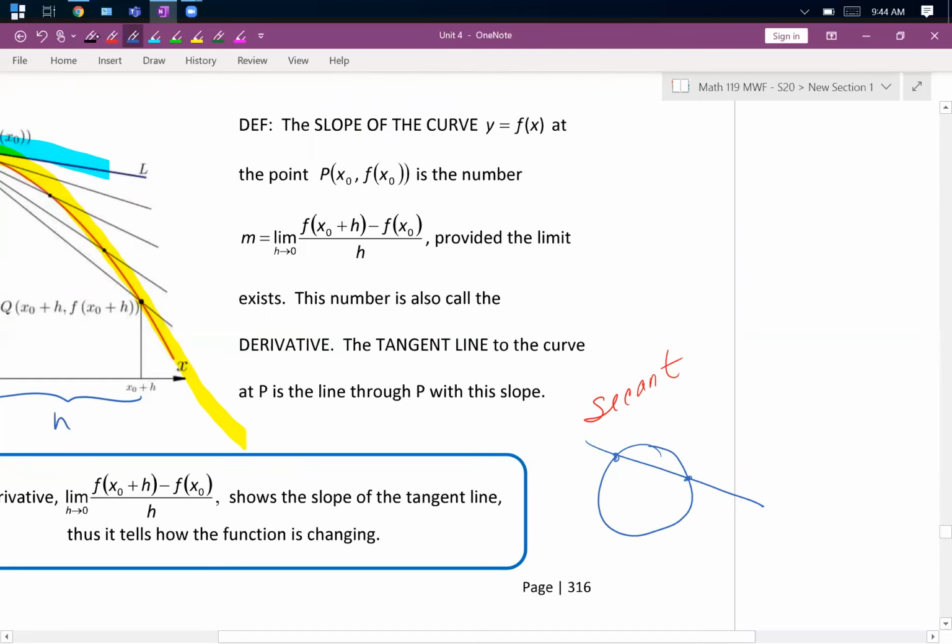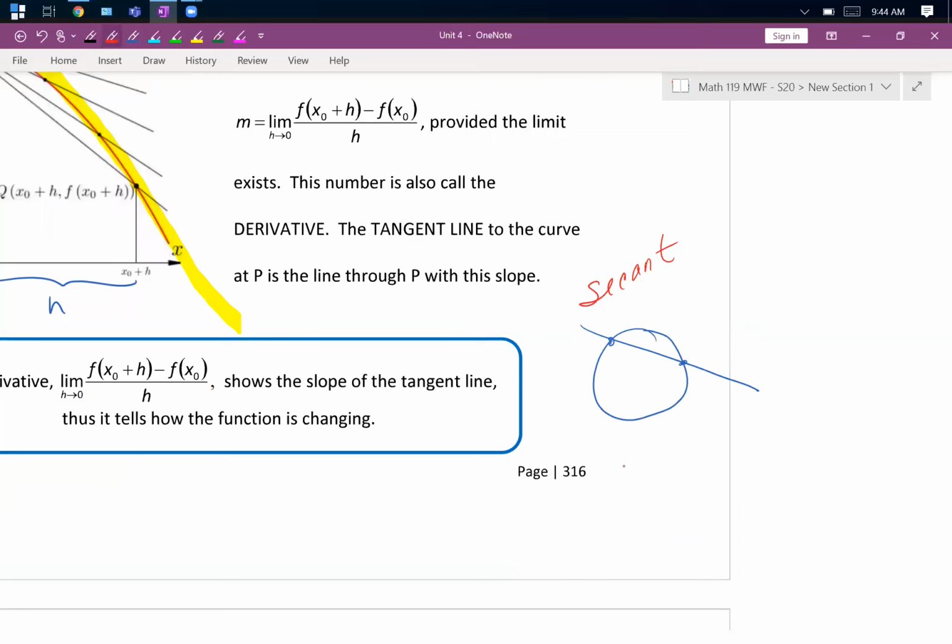Well, a tangent line only hits in exactly 1 spot. Okay, that makes sense. Secant 2 spots.